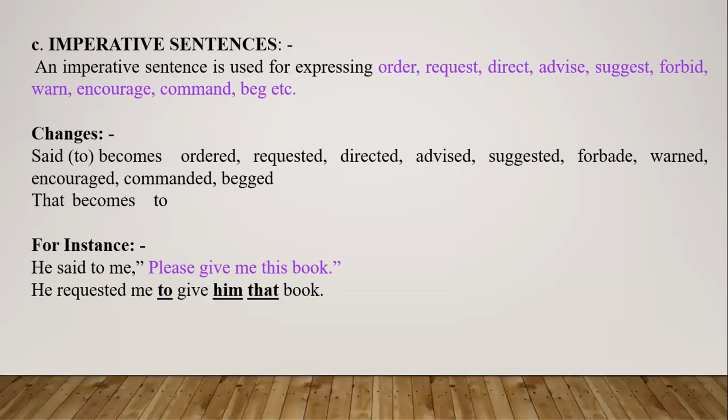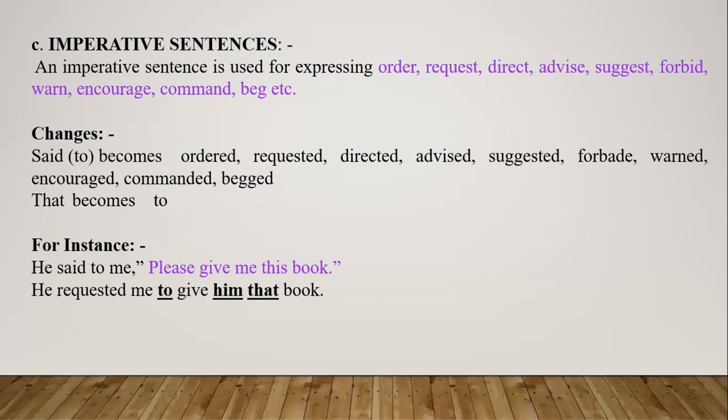This would be changed into that, and book obviously we write the same. So the sentence would be like that: He requested me to give him that book. So we have converted direct speech into indirect speech, and the sentence is an imperative sentence, right? I hope you have understood.